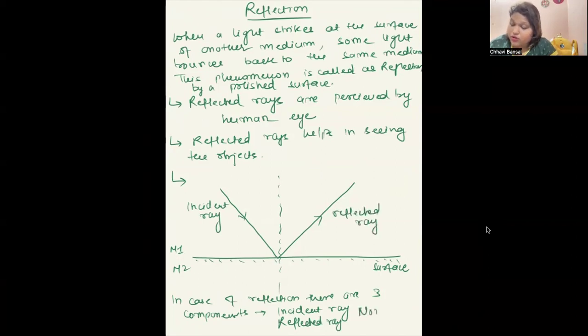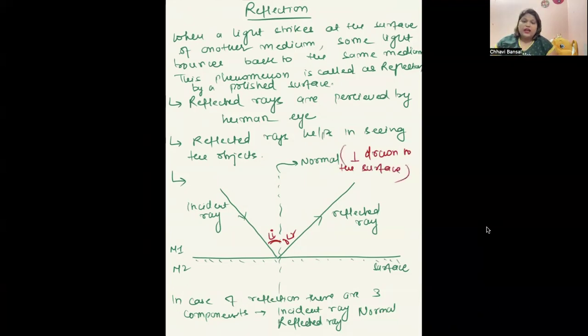Third is the normal. What is normal, by the way? Normal is a perpendicular that is drawn to the surface. Why is it drawn? So that it is easier to calculate angle I and angle R. Now, what is angle I? What is angle R?